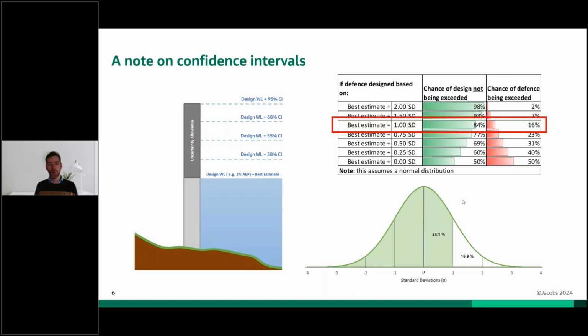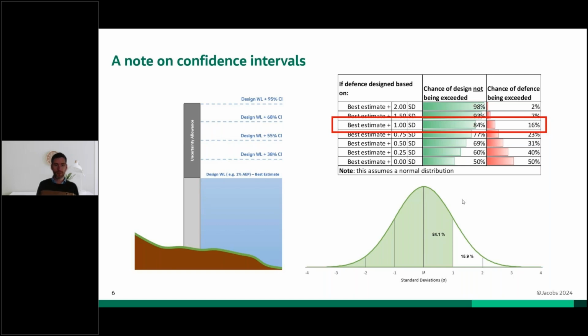So if we account for one standard deviation of error, we actually reduce the chance of exceedance to just 16%. And you can imagine as we start to account for more and more uncertainty, we reduce that chance of exceedance further. So again, it's just a quick note, but something to be aware of, because when you start to deal with residual uncertainty analysis, you will need to make a decision as to what levels of confidence you're wanting to take forward into your scheme.